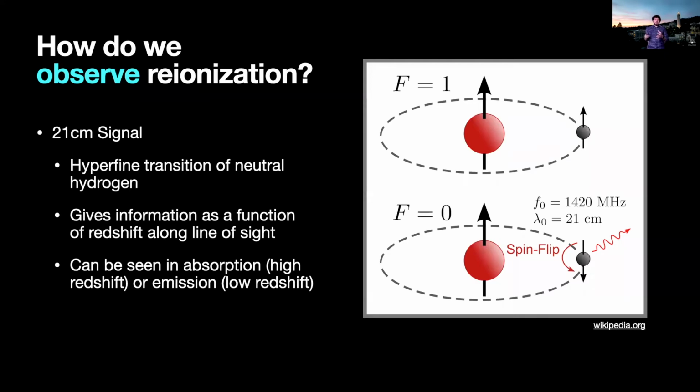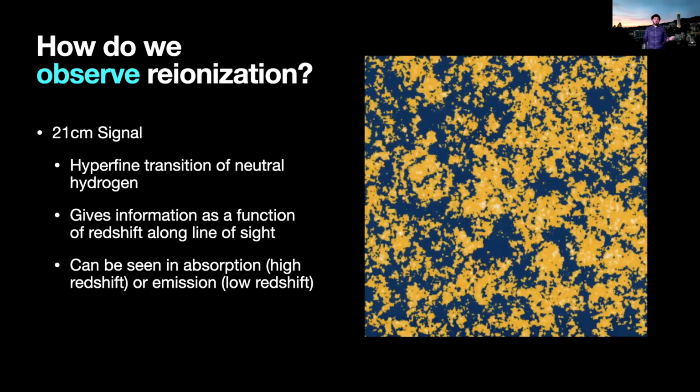So this is what the 21 centimeter signal looks like at the atomic level. If you blow it up to the cosmological scale, this is a simulated volume that is 2 gigaparsecs in size. So it's truly enormous. What you're seeing here is variations in the 21 centimeter signal near the midpoint of reionization. The blue regions are ionized gas, so there's actually no signal there because there's no neutral hydrogen, no hyperfine transition.